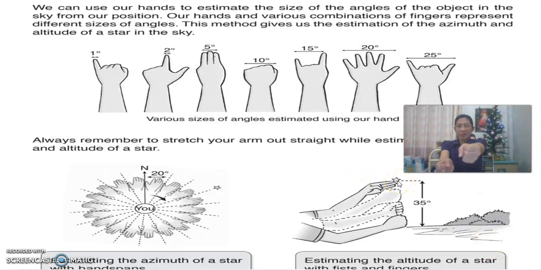For example, the star is here. So 10, 20, 30. That's why this is 35: 10, 20, 30, and this one is 5, so plus 5 equals 35 degrees.